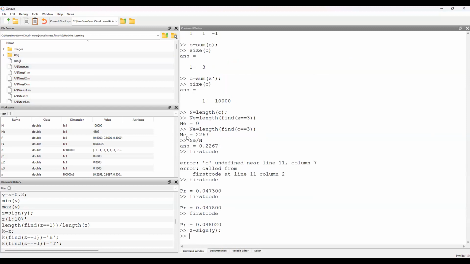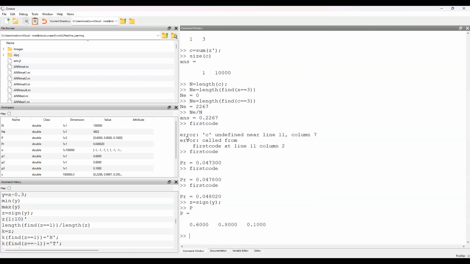Okay, so now this is B, or in the code, it is 0.6, 0.8, and 0.1.